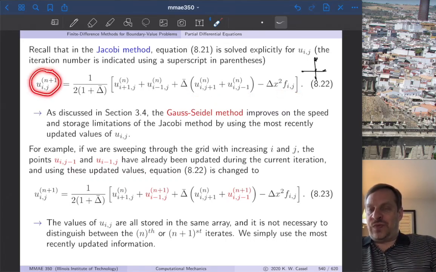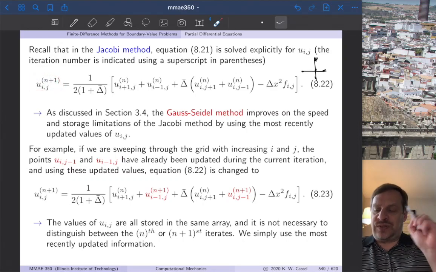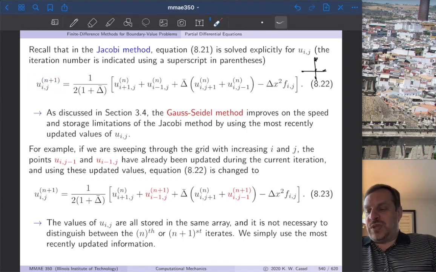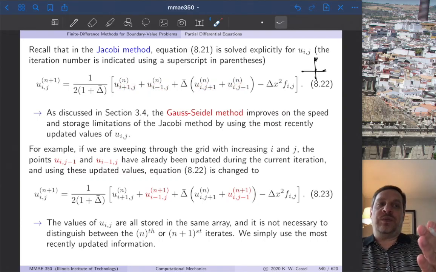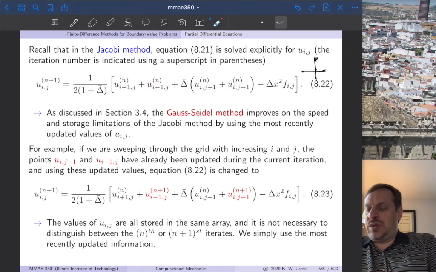So we just solve for this point at the center of the stencil. Remember that the superscript in parentheses here indicates the iteration number. So everything on the right-hand side is n, indicating taking from the previous iteration in order to get the n plus first new iterate, the new approximate solution.